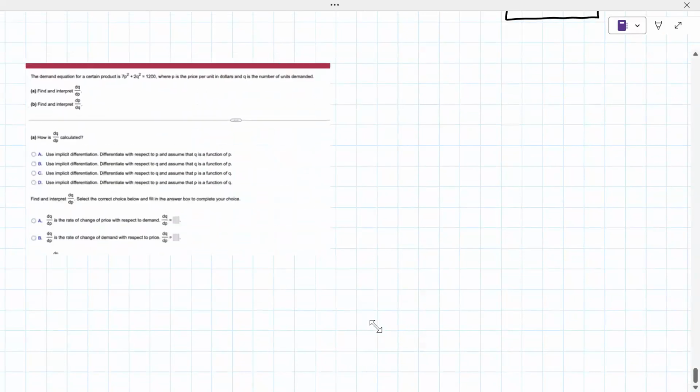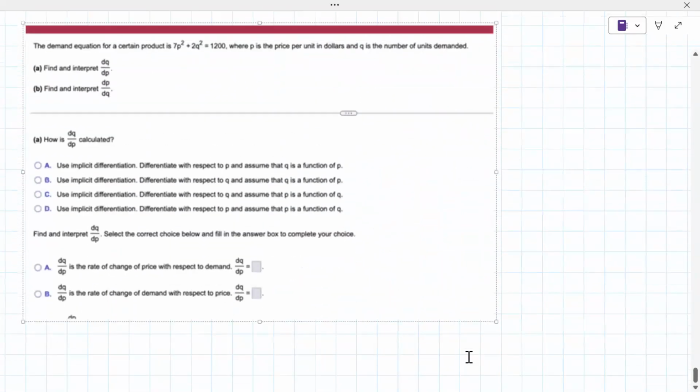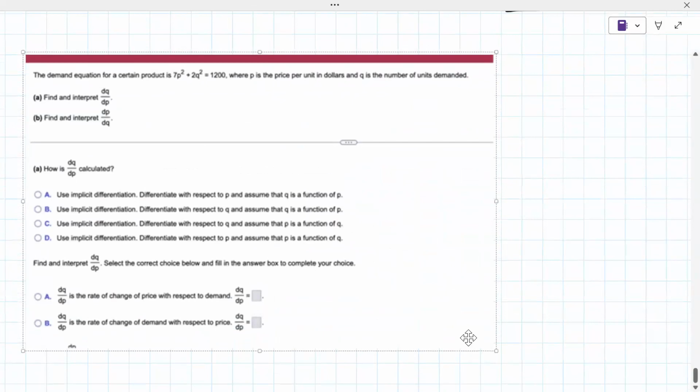We'll go to that one we skipped now, if that's okay with you. This one's awful.